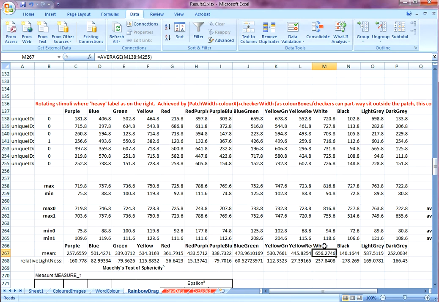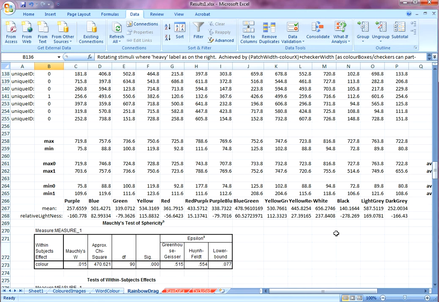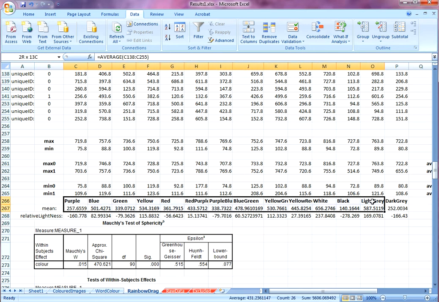We have white being very high up, and black being very, very low down. I would imagine that I've simply mislabeled that: it says rotation stimuli where heavy label is on the right, so it should be where heavy stimuli is on the left. I'll look into that though.